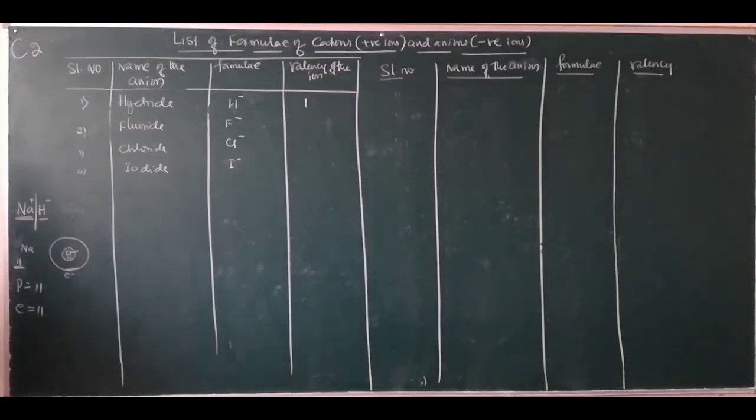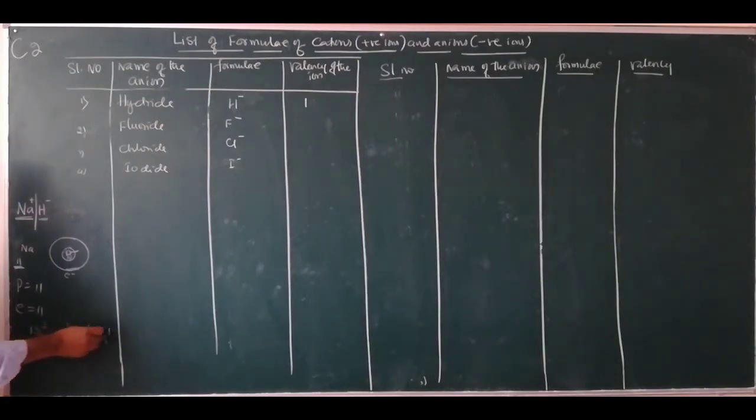Coming to writing the electronic configuration, we will discuss it later on. I will tell you simply. You can write like this: 1s2, 2s2, 2p6, 3s1. So 2 plus 2, 4, 6, 10, 11.